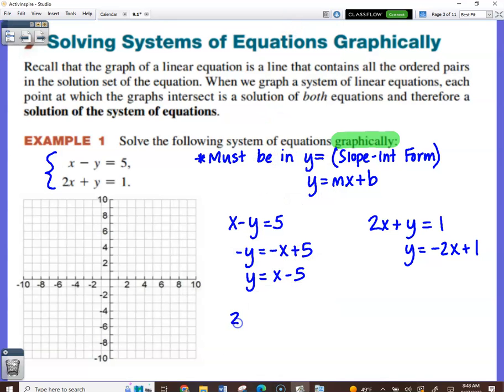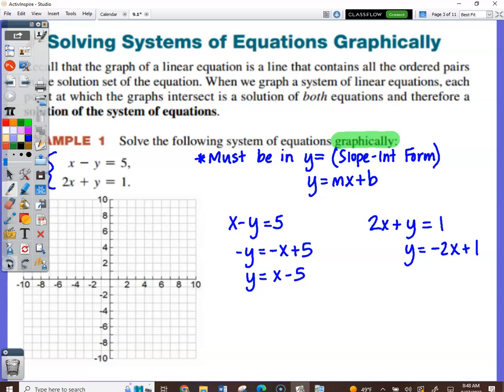Let's take some notes. So in the calculator, y'all all know how to enter in y equals, so I'm not going to write that part down. You're going to do second calc and then intersect.